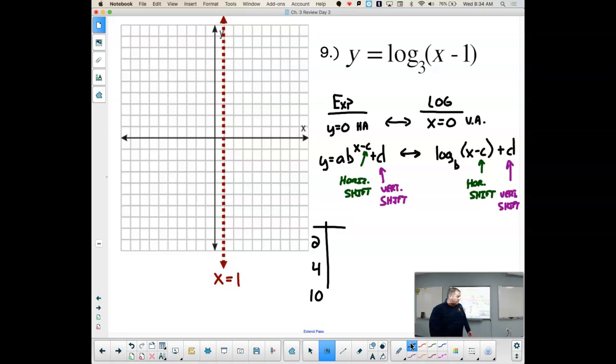Log base 3 of 1 is 0. I chose 4 because 4 minus 1 is 3. Log base 3 of 3 is 1. I chose 10 because 10 minus 1 is 9. Log base 3 of 9 is 2.